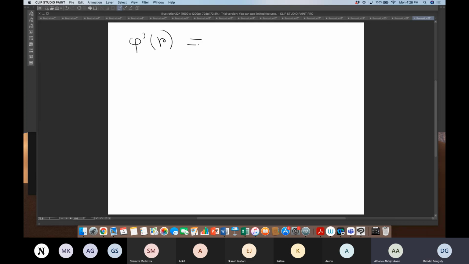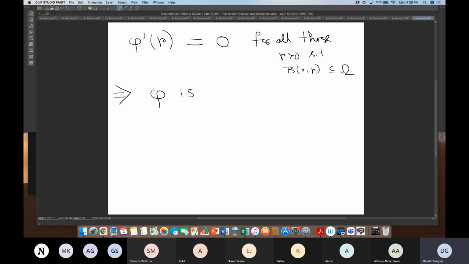Yes, phi prime of r equal to 0 for all those r such that for a fixed x, B(x,r) is contained in omega. These are the domain, okay? This implies phi is constant. Agreed? Yes or no?